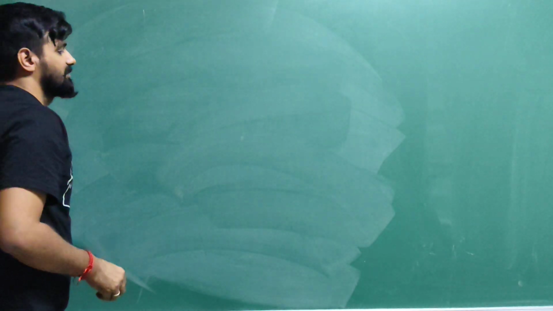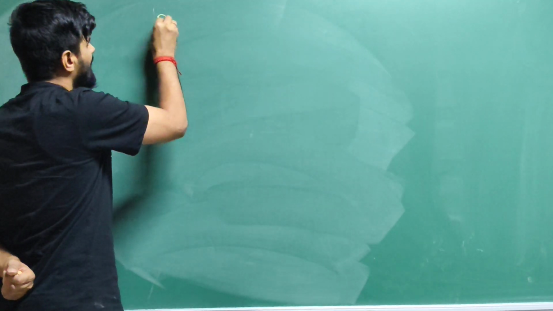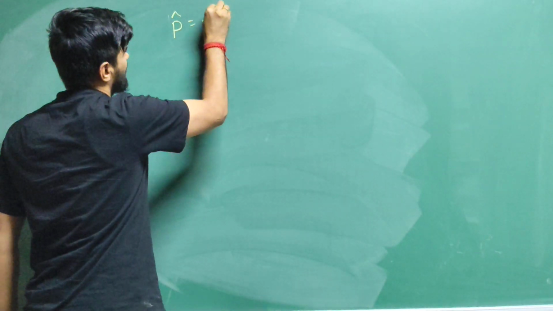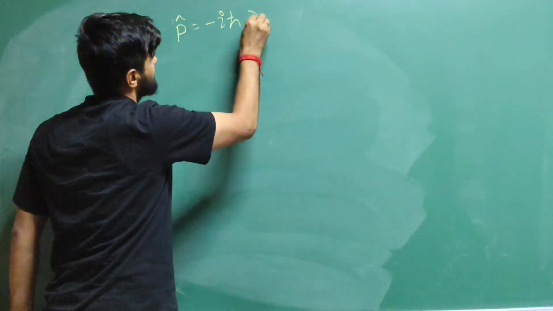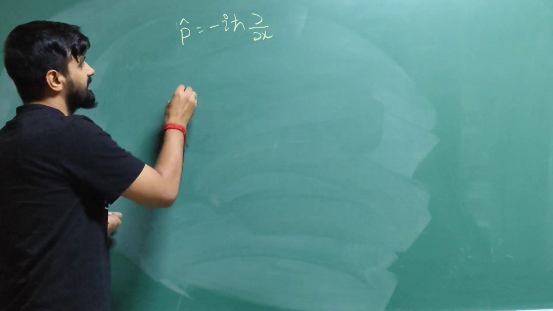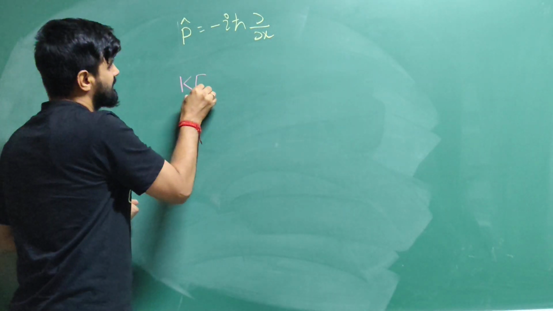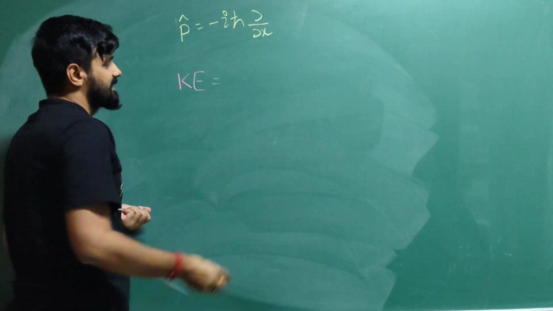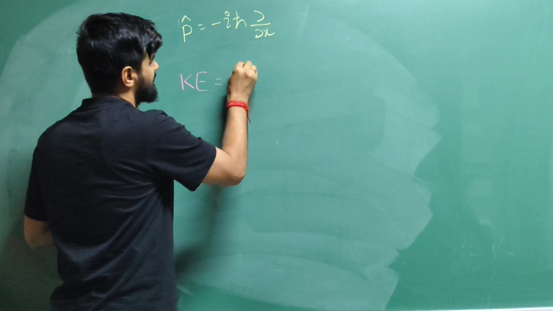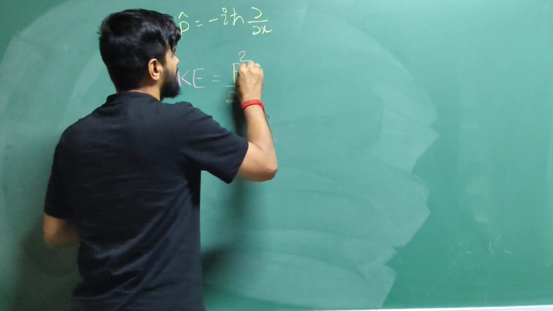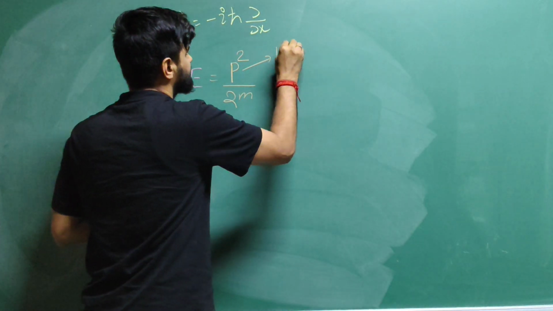When we talk about the momentum operator, we have observed that the momentum operator in quantum mechanics is minus i h bar del by del x. And for the kinetic energy, in classical mechanics we write kinetic energy equal to p square by 2m, where p is the linear momentum.